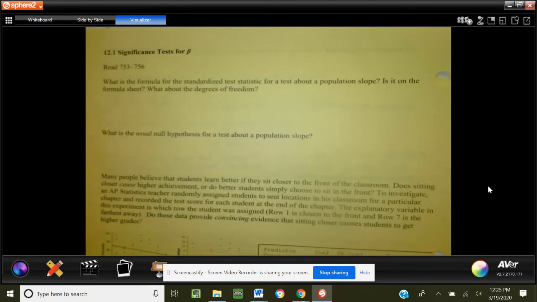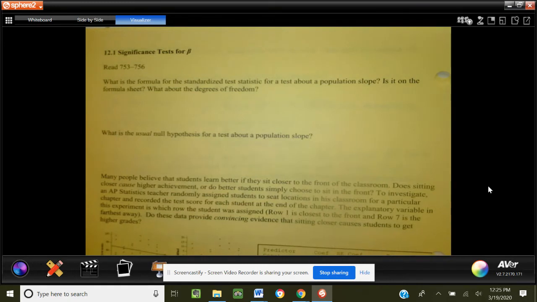Okay. So again, the basics of this are going to be pretty similar to what they were for confidence intervals. What's different about a significance test is we have a test statistic.